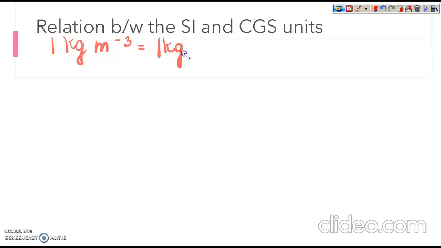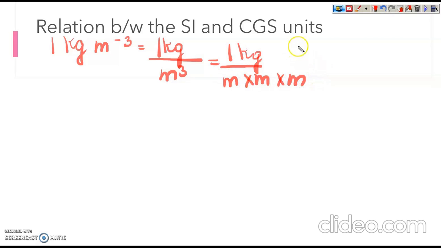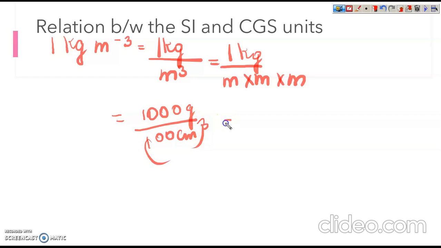We can write it as 1 kilogram over meter cube, because it was minus, so it's 1 kilogram over meter cube. We can write it as meter into meter into meter. Then to convert it, 1 kilogram is 1000 gram, and 1 meter is 100 centimeters, so 100 centimeter cube.